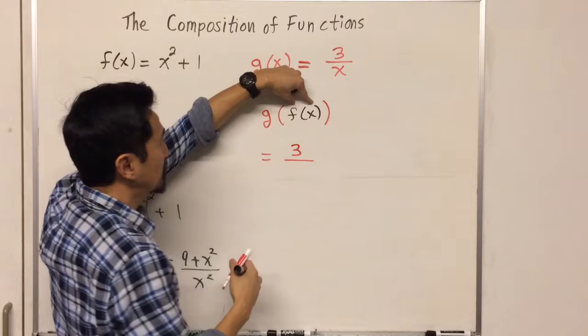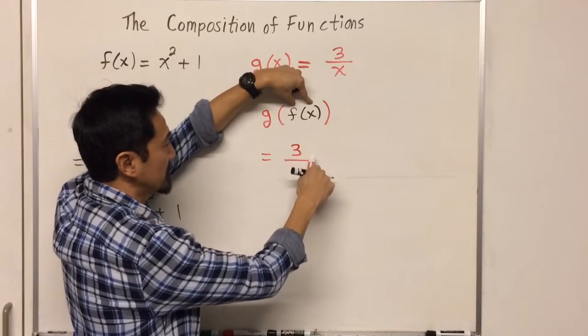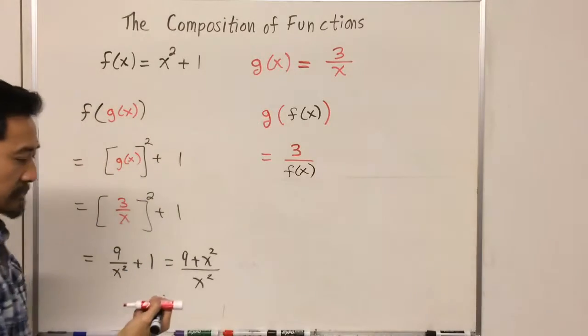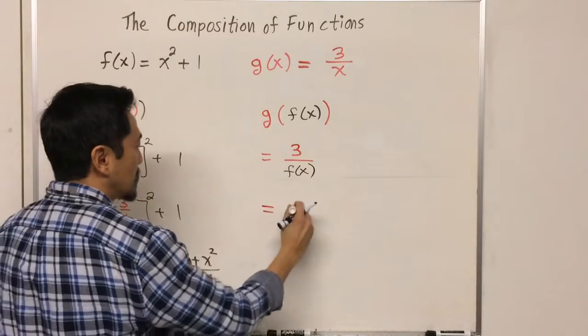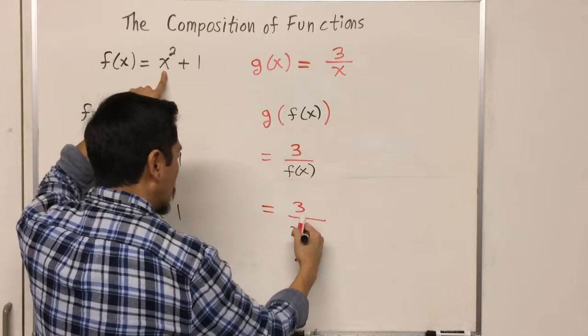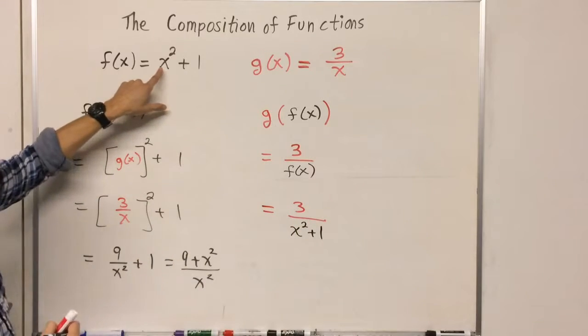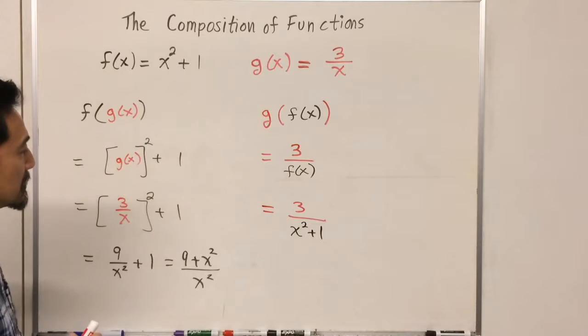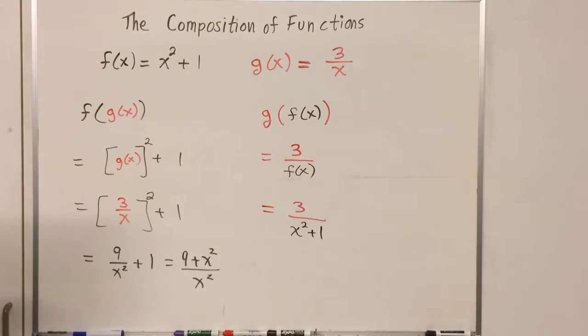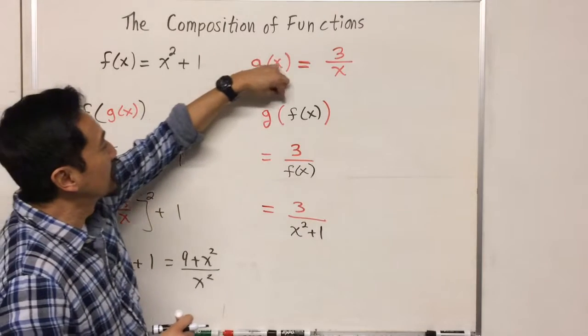So now my input is f of x, so it's 3 divided by f of x there. Now you've got 3 divided by f, but f is that expression, x squared plus 1. And that is your brand new function, g of f of x.